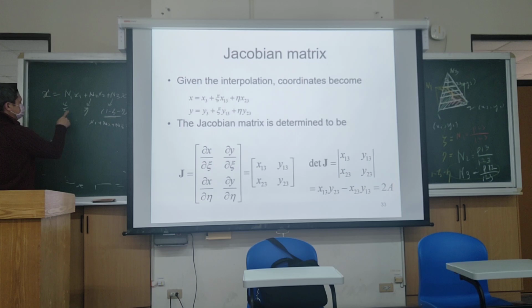So where do you get your constant term? Constant term is x3. And then the other two terms: the psi term has your x1 minus x3 times psi. We write the short form x13. And the last term is the eta term. Eta term is your x2 minus your x3 times eta. So we write a short form, this is your x23. Okay?